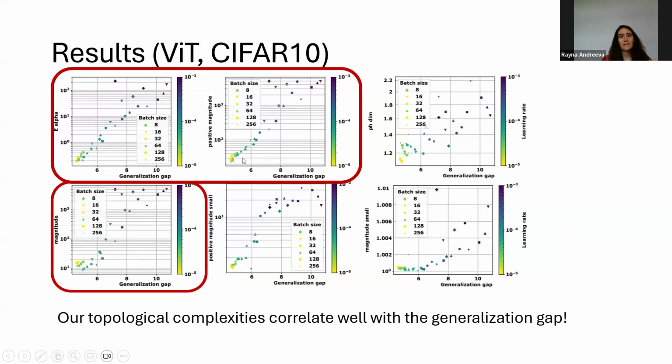Similar thing, it's a different pattern, but still quite good: we notice this correlation between positive magnitude and the generalization gap. And we also just computed magnitude, and it still correlates well. And pH dimension is not performing as well. So our main observation here is that our topological complexities correlate well with the generalization gap.